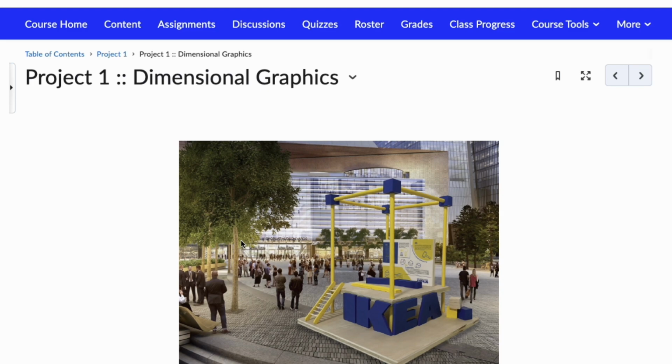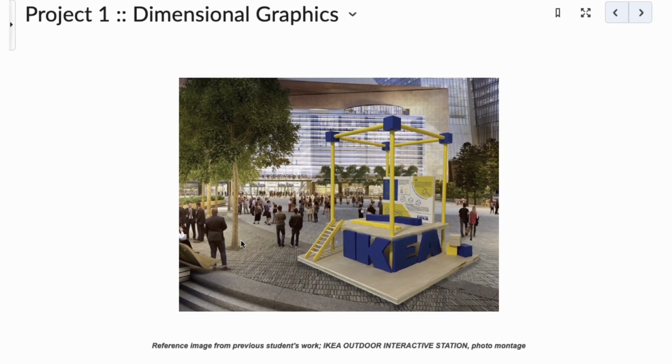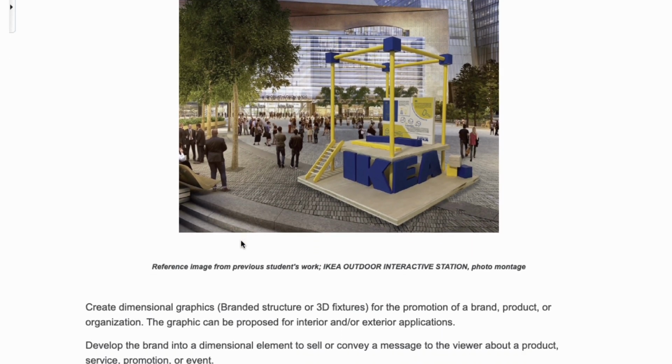Dimensional graphics. Simply, we can say this component as a 3D fixture or branded structure. When you see some advertisement signs in the street or store, those are 2D graphics and photos and animations, sometimes a digital setting.